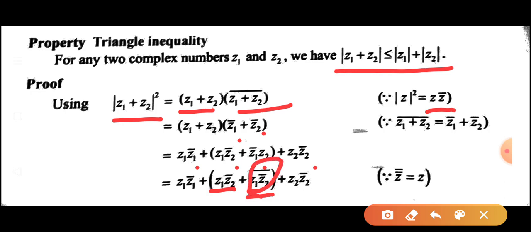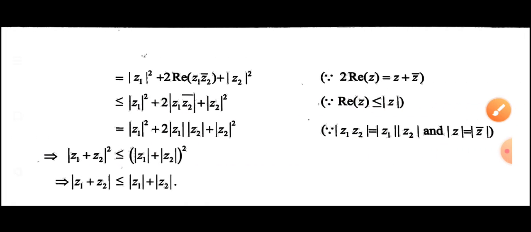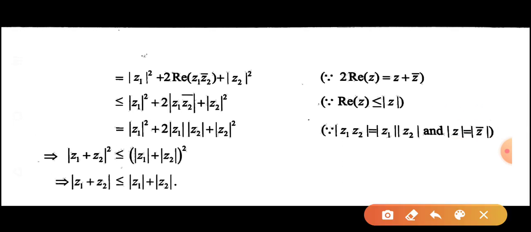So z plus z bar is 2 into real part of z, which is less than or equal to 2 into modulus z. So we write 2 into modulus z1 z2 bar. First and last are modulus z1 square and modulus z2 square. Next, we split the modulus symbol: 2 into modulus z1 modulus z2.